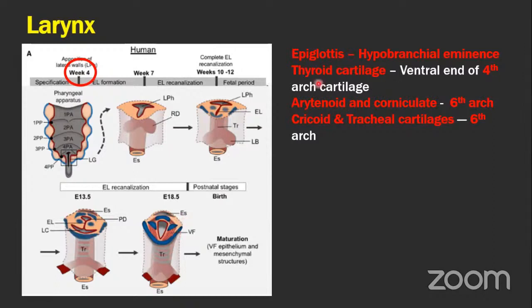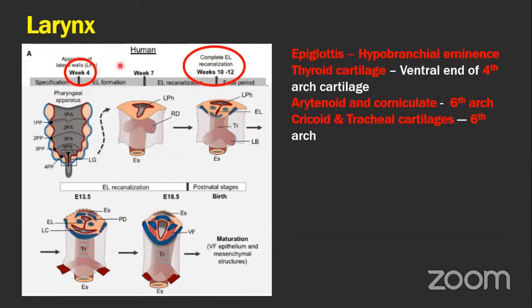So thyroid cartilage develops from the ventral end of fourth arch cartilage; arytenoid, corniculate, cricoid and tracheal cartilages develop from the sixth arch. This is usually asked as MCQ. Thyroid is from fourth, arytenoid, cricoid and tracheal cartilages from the sixth arch. And you remember the week 4, and also complete recanalization happens by around the 10 to 12 week.